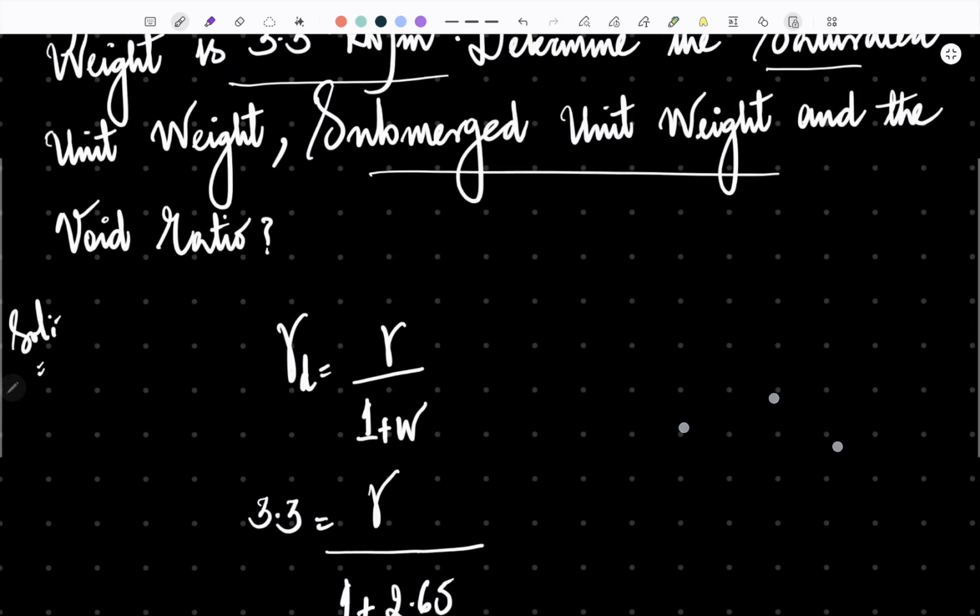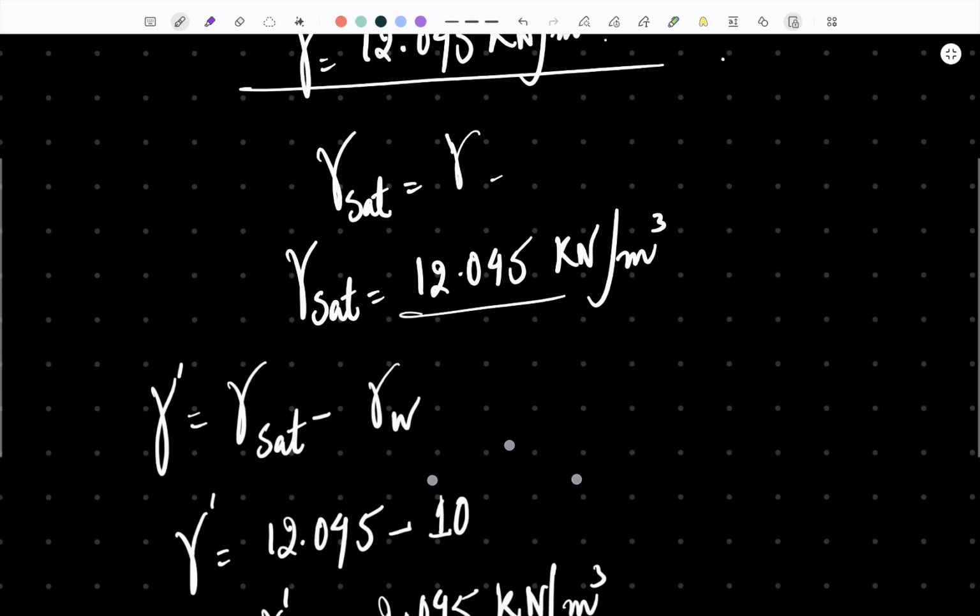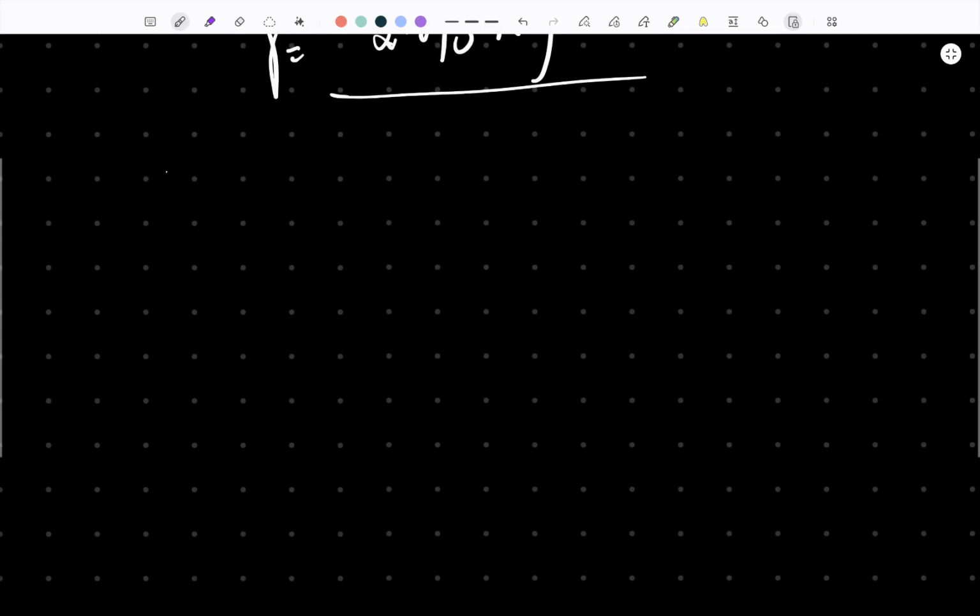The last thing that we need to find is the void ratio. See how I'll be calculating the void ratio. I know the dry unit weight.